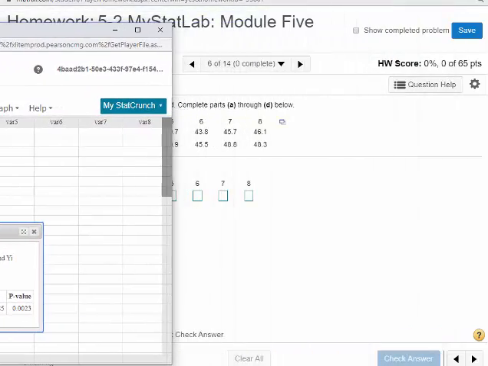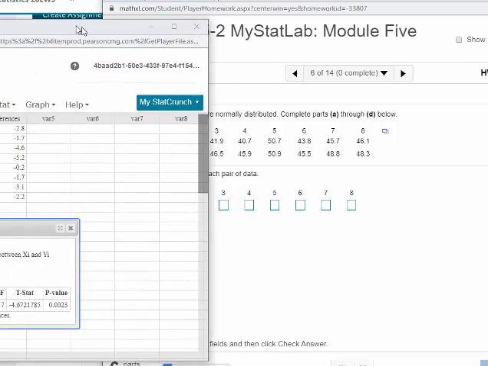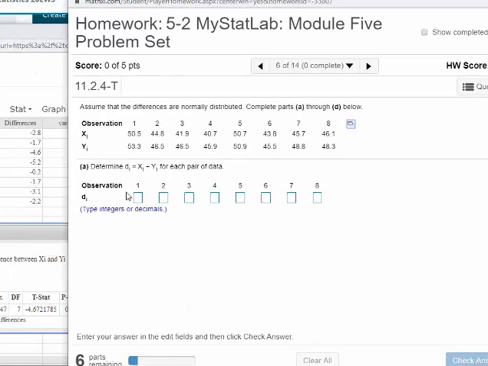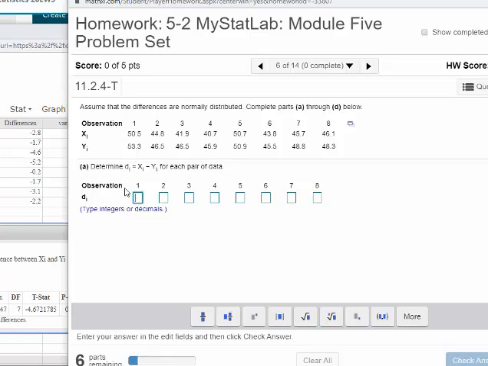I'm just going to move this over here so you can see, and I'm going to input the values of the difference. So they're right here: minus 2.8, minus 1.7, minus 4.6, minus 5.2, minus 0.2, minus 1.7, minus 3.1, and minus 2.2.